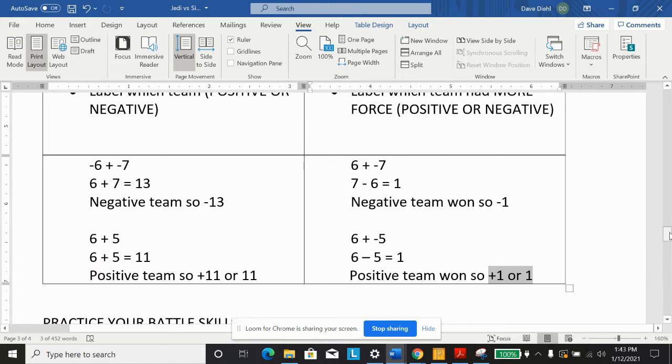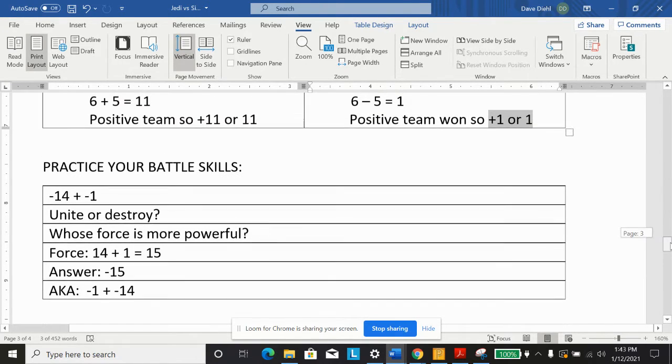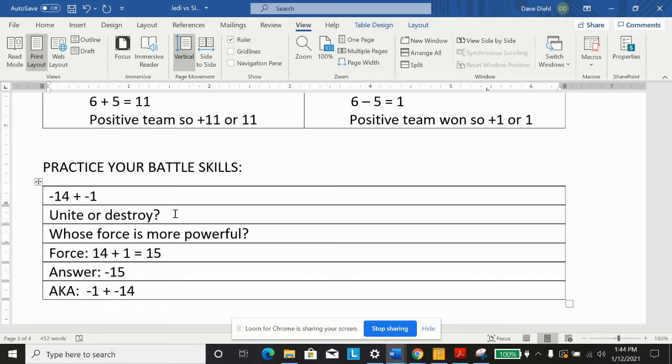Well, let's look at a couple of examples. So what's this situation? -14 plus -1, unite or destroy? You should have said unite, because the signs are the same. Which force is more powerful, positive or negative? You should have said negative, because the signs are both negative.